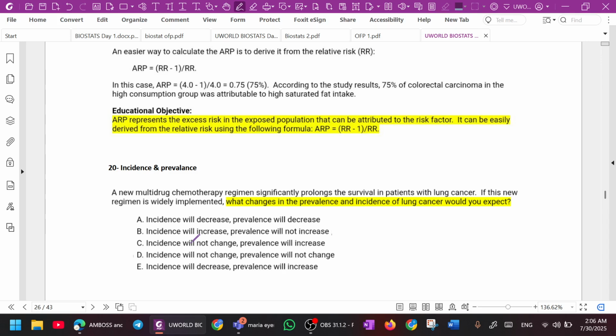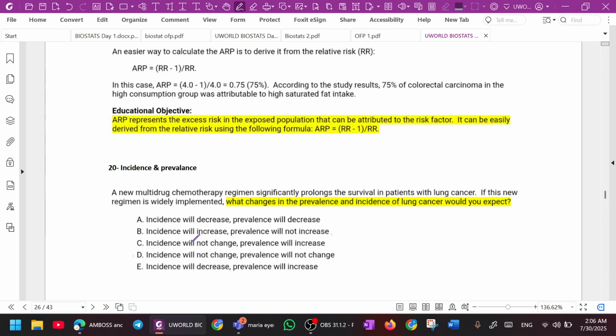Incidence is not going to change, but prevalence will increase. If we use a new drug, we cannot control the incidence, isn't it? But as the new drug is a game changer, more and more patients will live and prevalence will increase.